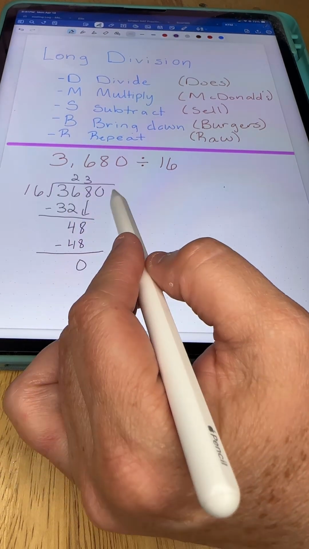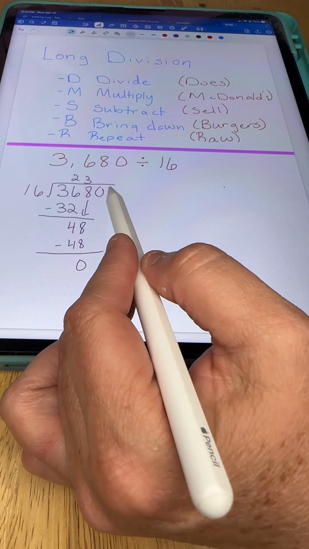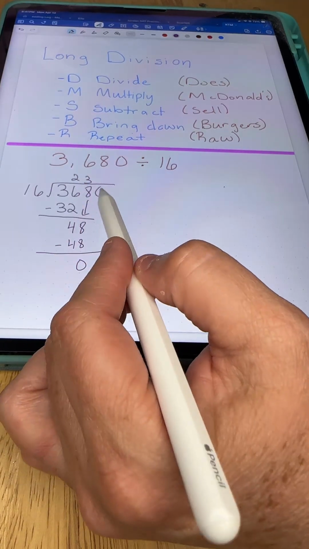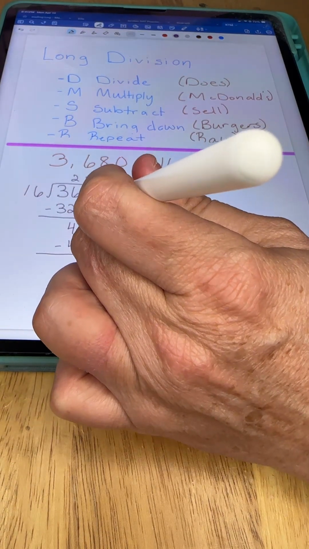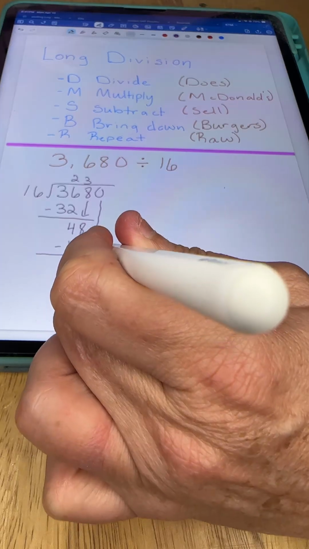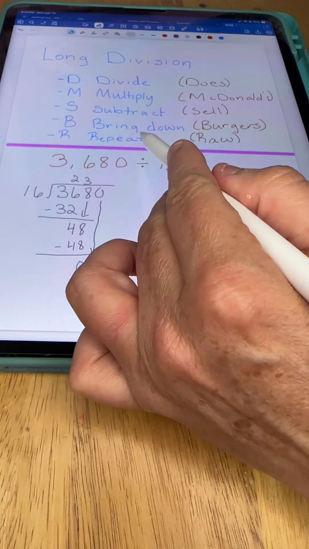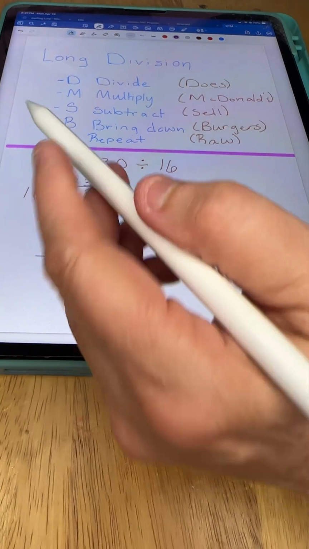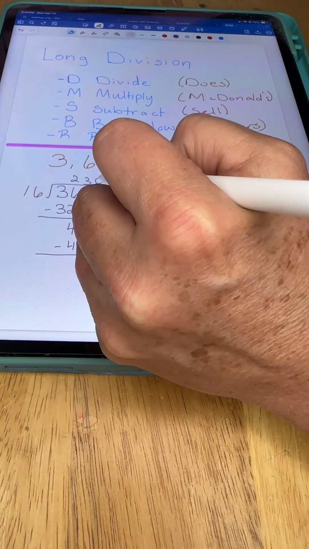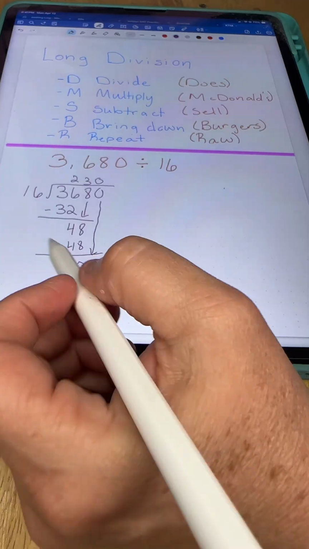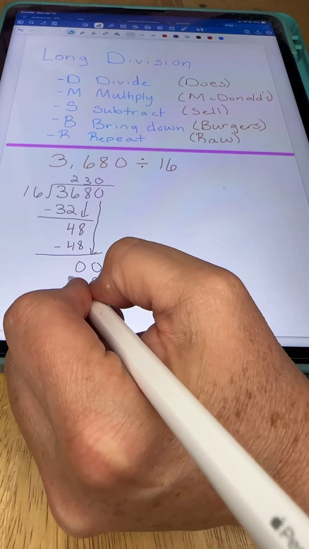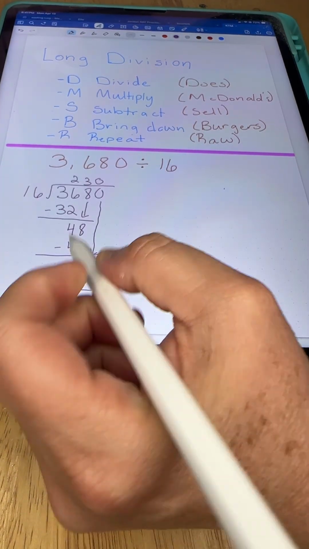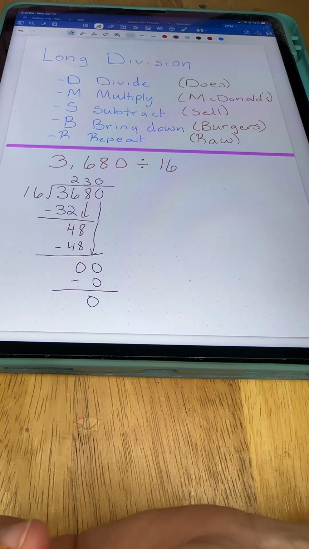So we have to make sure that we go until the end of the number and we make sure we are using all the values. So we subtracted. We're going to bring down that 0 and we're going to repeat. We're going to divide. 0 divided by 16 is 0. 0 times 16 is 0, subtract, and then we don't have to bring down because there's not any more numbers.